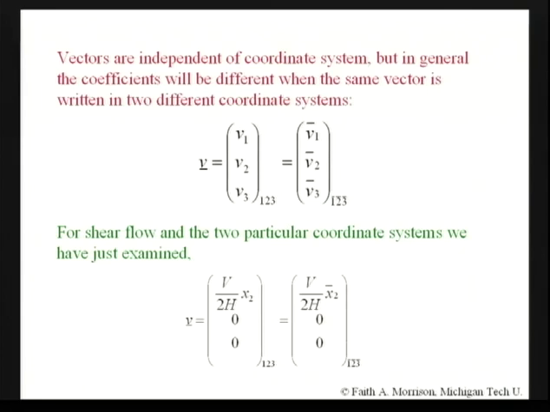Okay? But they look very much the same, even though they're written in two different coordinate systems. So we've written the velocity vector in two different coordinate systems, but because of the particular choice of the coordinate system, and because the flow is very symmetric, they mathematically look very much the same. And if I put the equivalent symmetric point in, I'm going to get the same velocity.